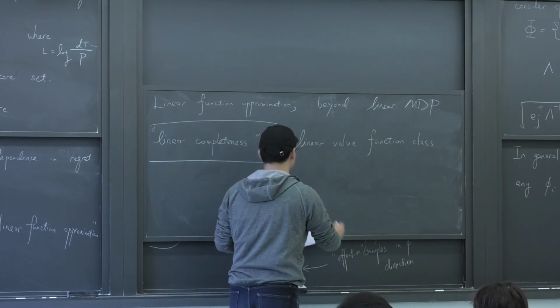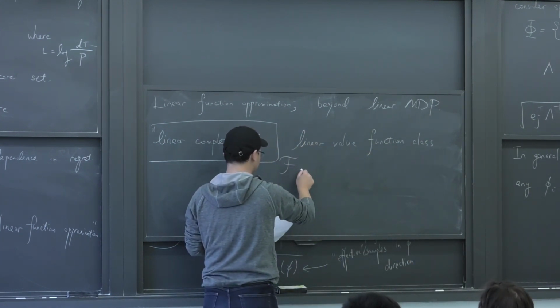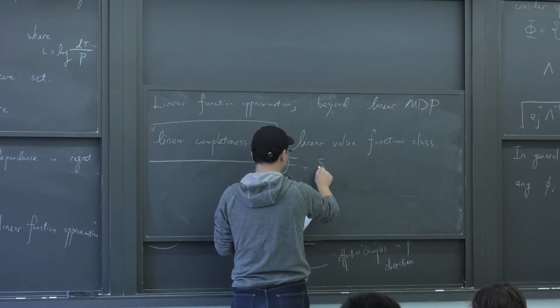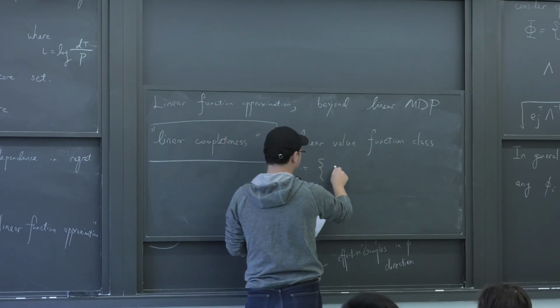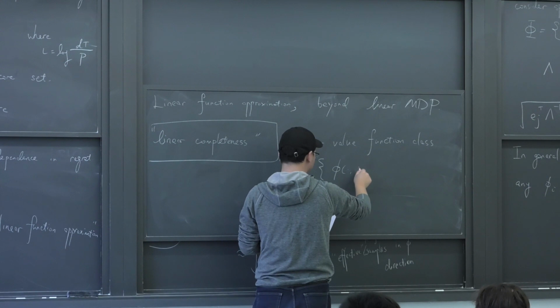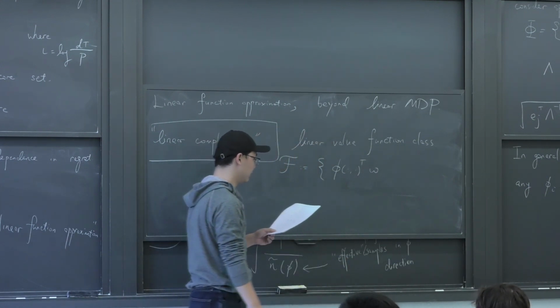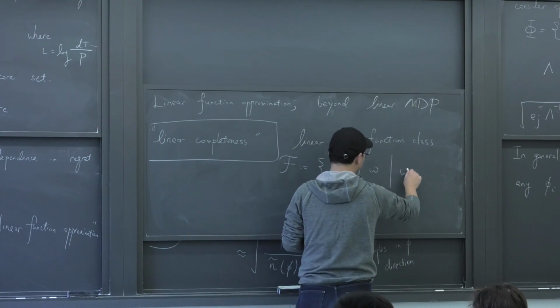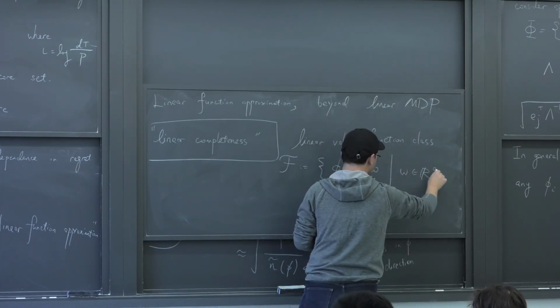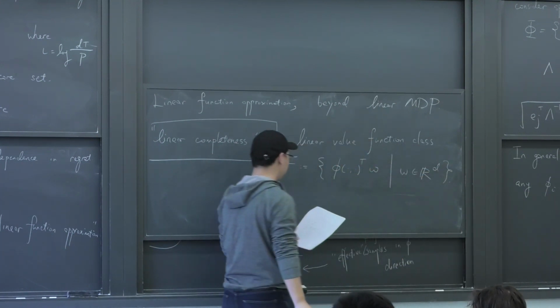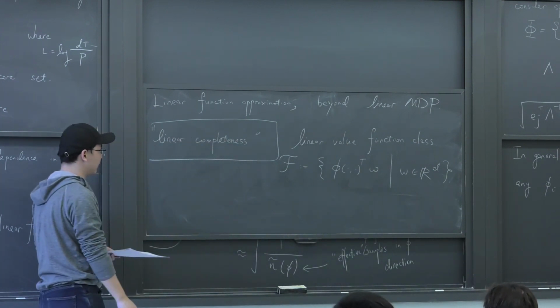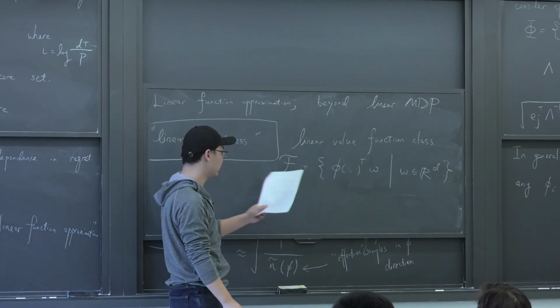F is the function class that considers all the linear functions in the form of phi transpose w for all w in R^d, where w is a vector. So this is essentially all the possible value functions we consider.